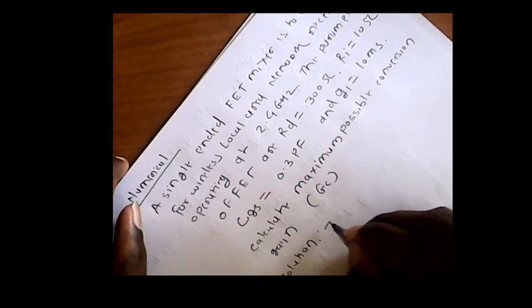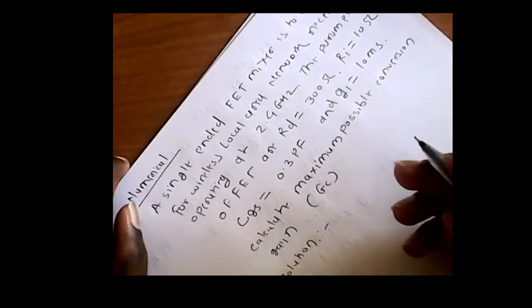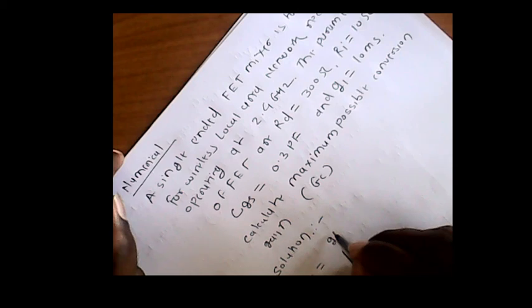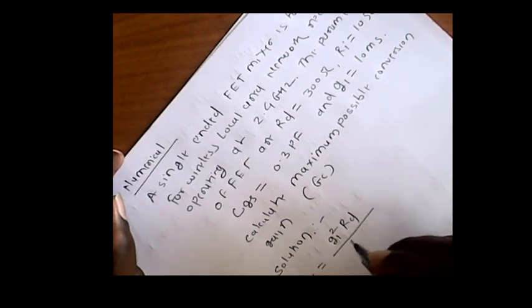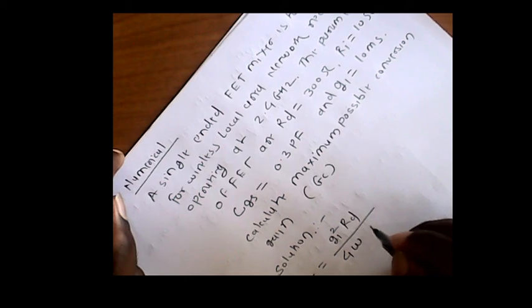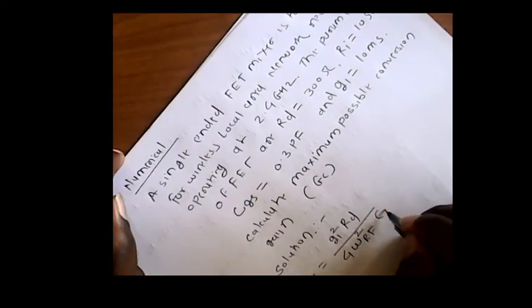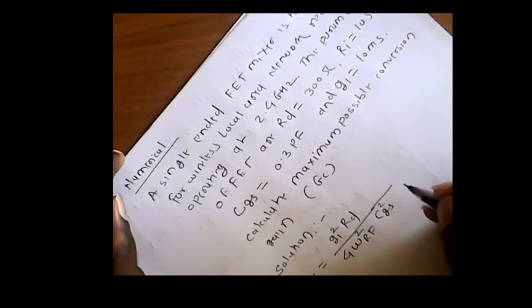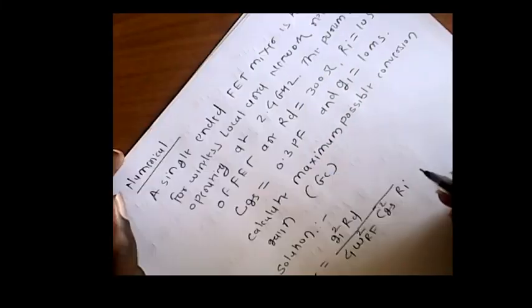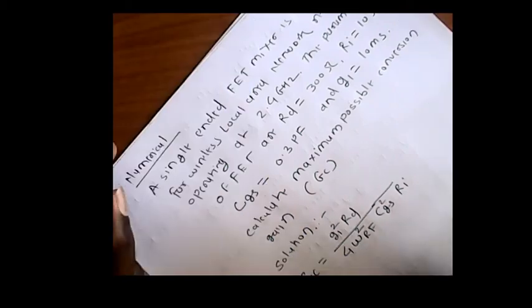Solution: this is a straightforward application of the formula of the conversion gain which was previously calculated. So Gc is equal to G1 square into Rd divided by 4 omega Rf square, gate to source capacitor square, divided by input resistance. So put in the given values.